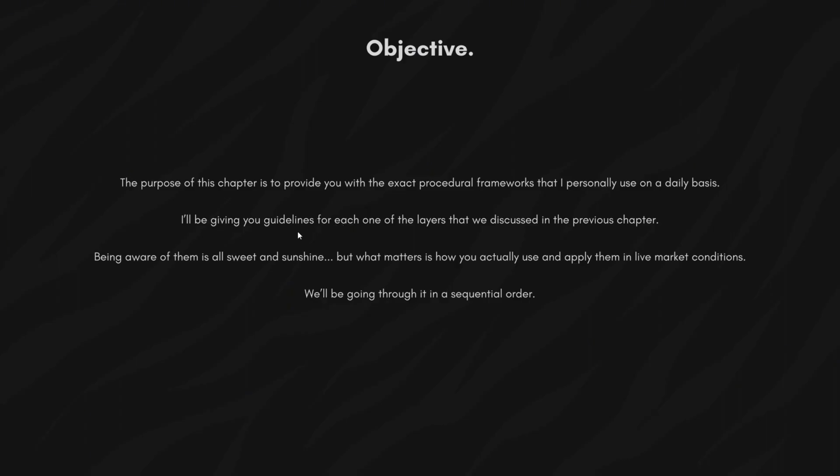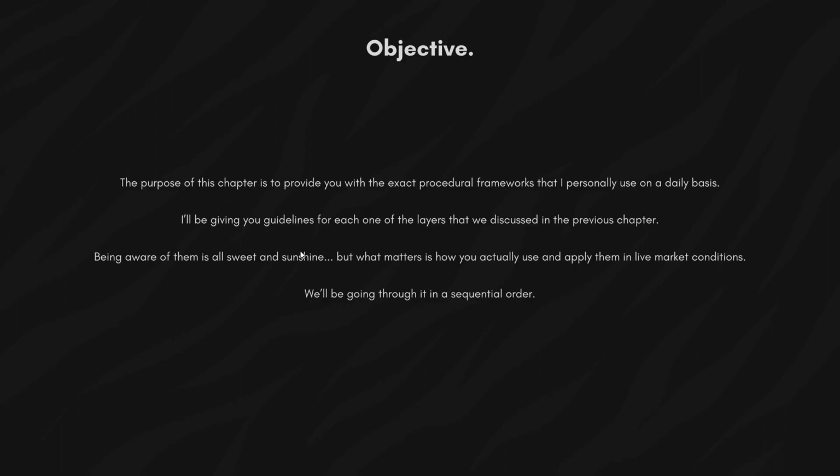Okay? Now, being aware of the layers and the theory behind them is all sweet and sunshine and butterflies, but what matters is how you actually use and apply them in live market conditions. And that is why in this chapter, every layer that we went through in the previous chapter, whether it's directional bias, market context, or the execution layer, all of them will be now broken down into actual real and usable guidelines.